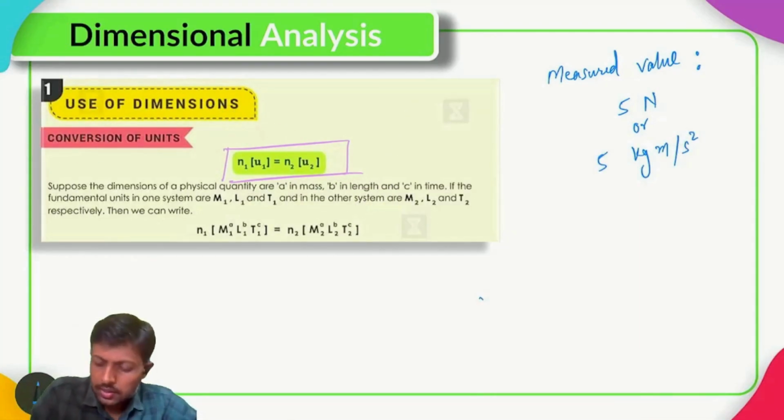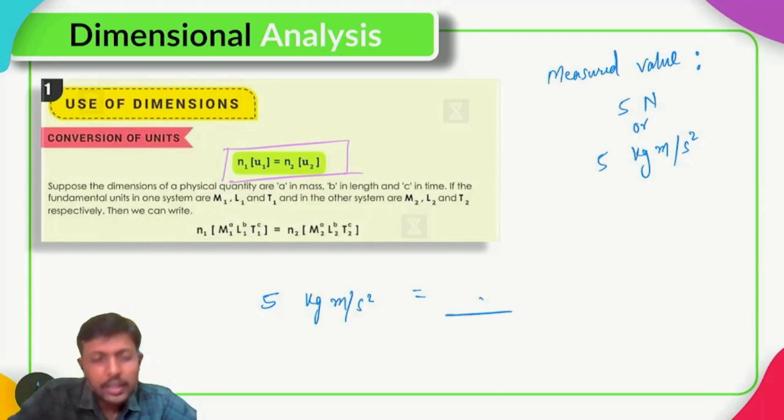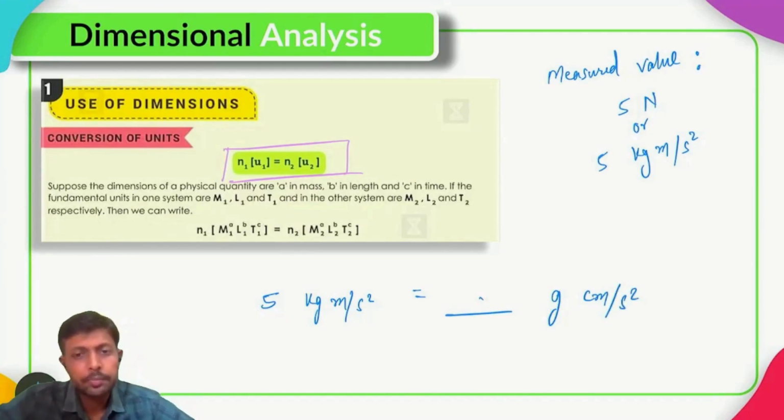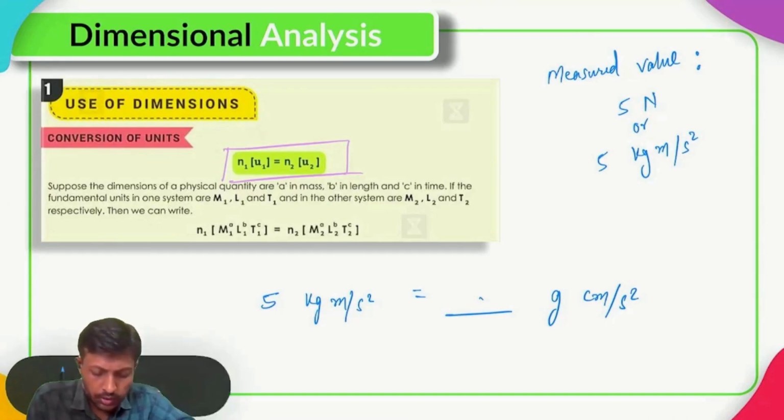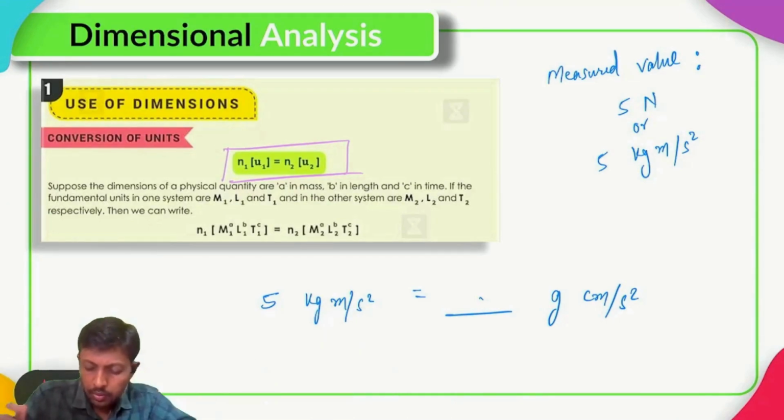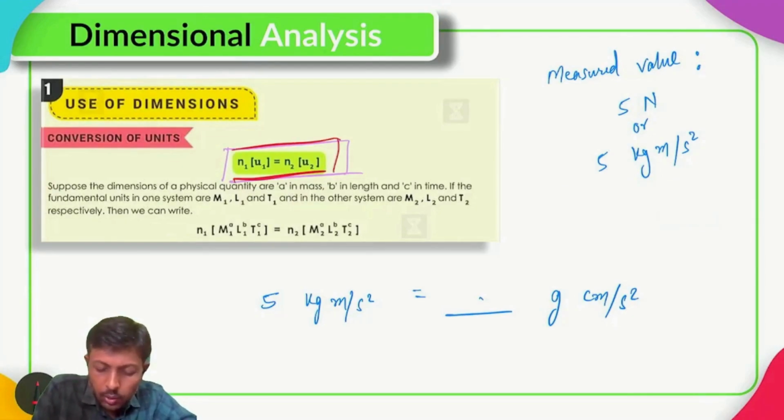Now the question is, 5 kg meter per second square is equal to how many dynes? And dynes is actually grams centimeters per second square. So this is what we have to find out. What we do next is we use this trick which says N1U1 is equal to N2U2. So this one is your N1.